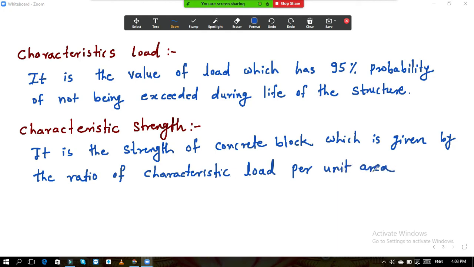You know that load per unit area is nothing but stress. That is the strength, which is called this characteristic strength.